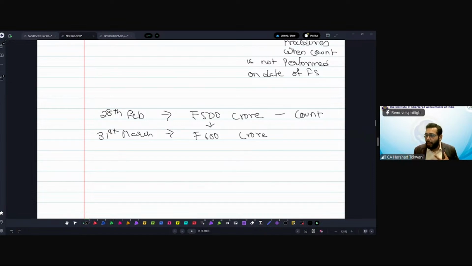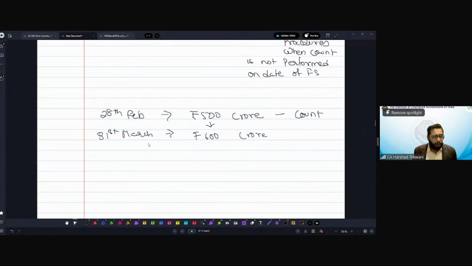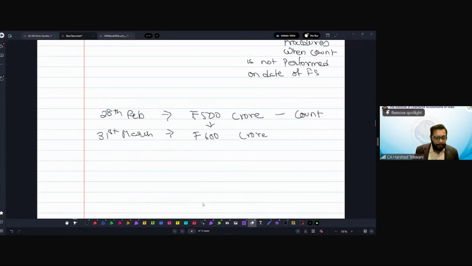Basically, over here, I understand during this particular period, let's say, I'll bring this one to the below. So let's say 31st March, 600 crores.